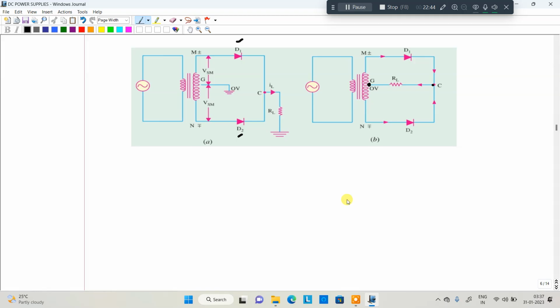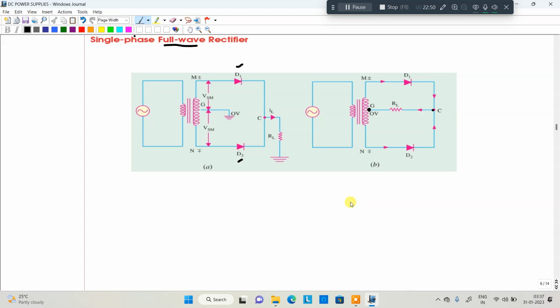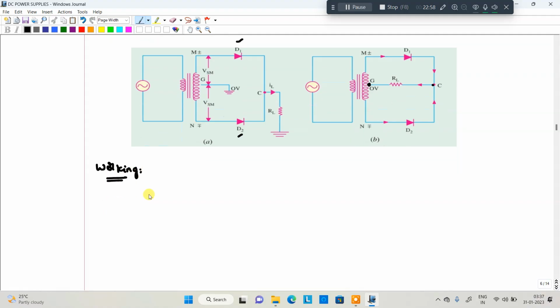Now in this particular case, we have two cycles working. The first case is the positive half cycle.